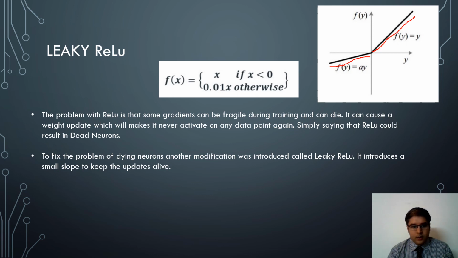To fix this problem of dying neurons, another modification was introduced called leaky ReLU. It introduces a small slope to keep the updates alive. With the help of this slope, its derivative will be better, and neurons won't die.